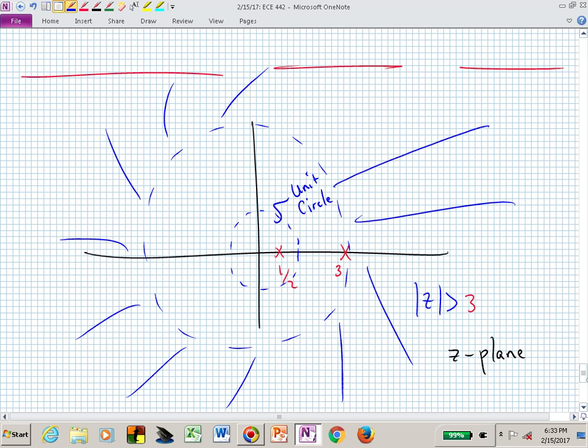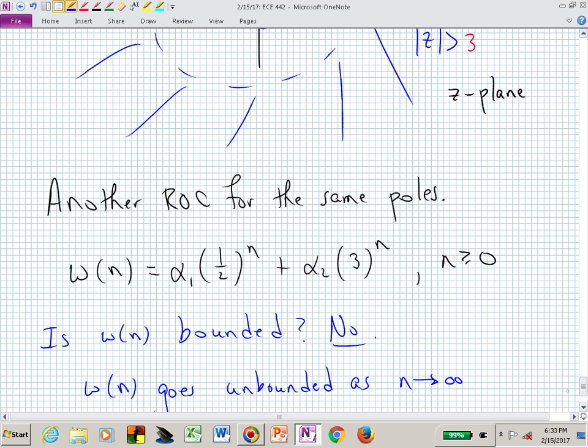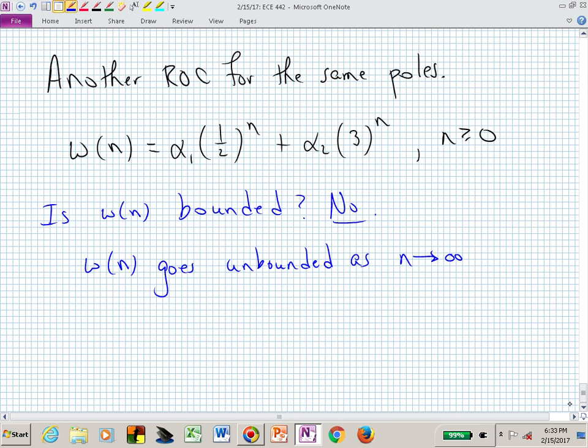No. So that also says the unit circle is not contained within the region of convergence, which now says that we have an unbounded time domain waveform. The region of convergence does not contain the unit circle.